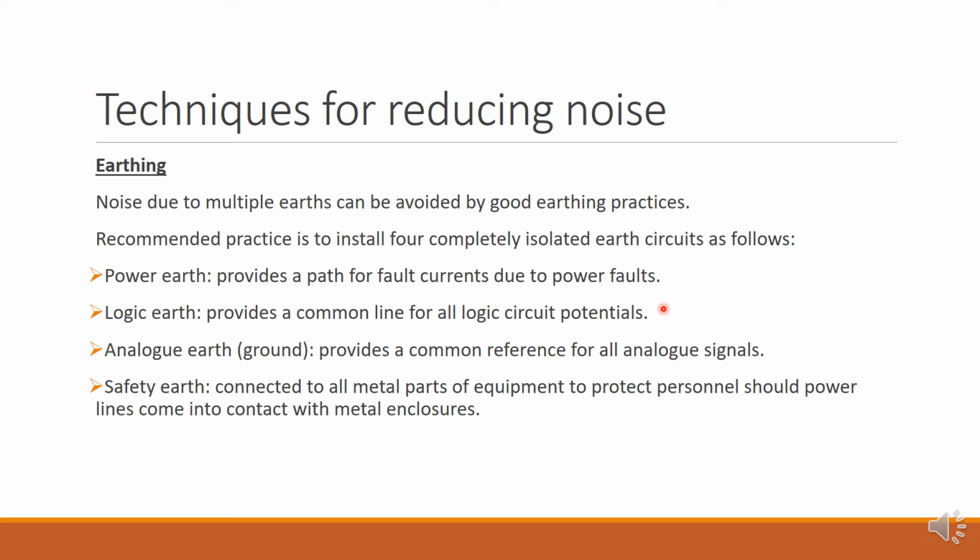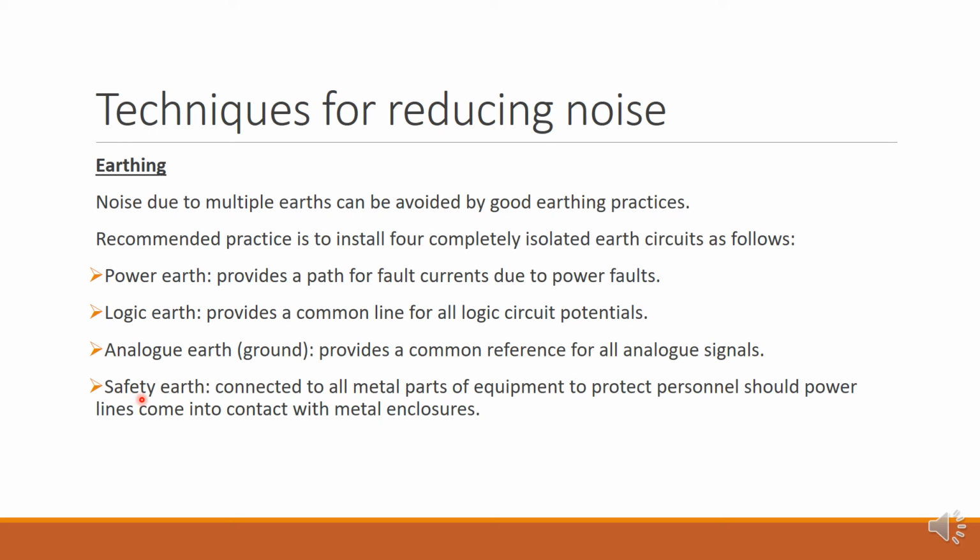Then we have analog earth, or analog ground. This provides a common reference for all analog signals. If you have a special ground for analog earth, it will be very useful, as it will be a common reference for your analog signals.